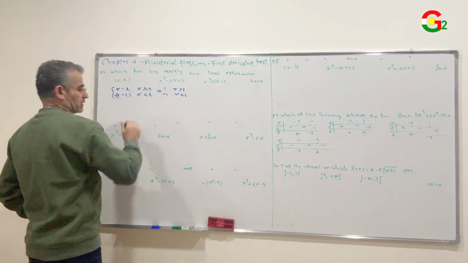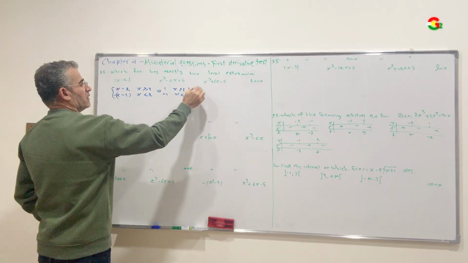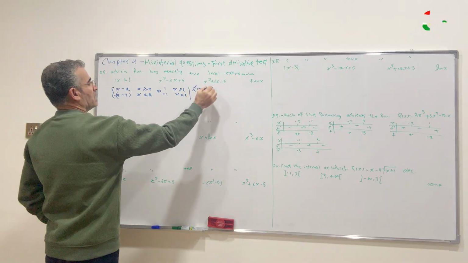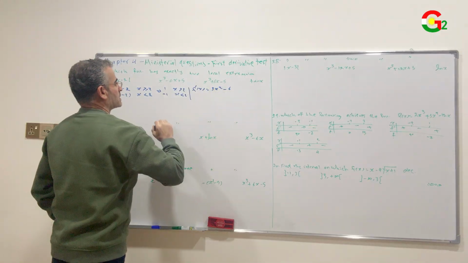For the second function, the derivative of this function is 3x power 2 minus 6.